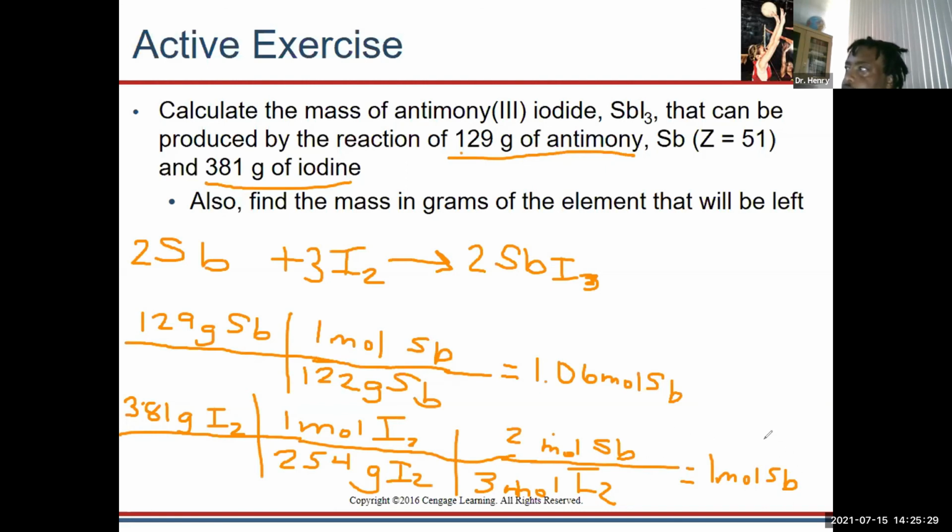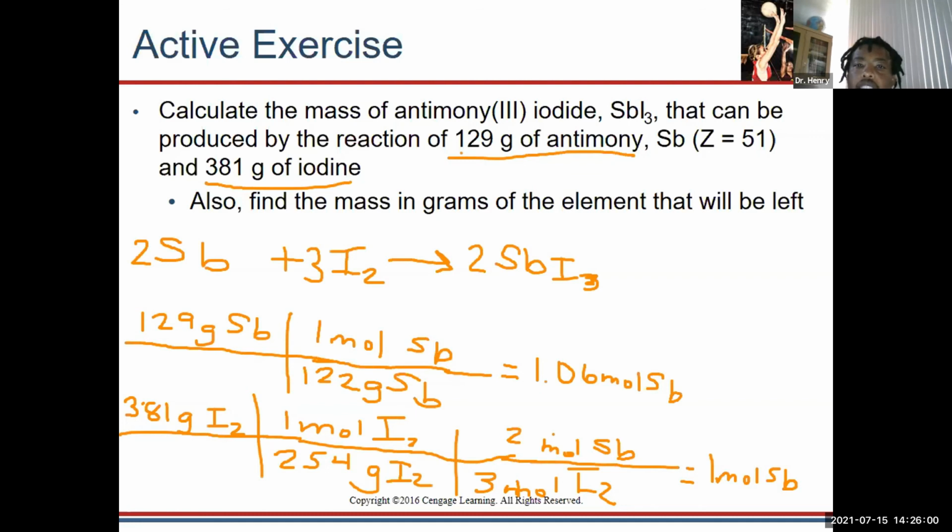Okay, so this is the antimony that we actually have. This is what we would need to react with this many grams of iodine, okay? So which one is limiting and which one is in excess? The top one is in excess because we have 1.06 moles of antimony, and if we started with the grams of iodine, we were only going to need 1 mole. So you're right.